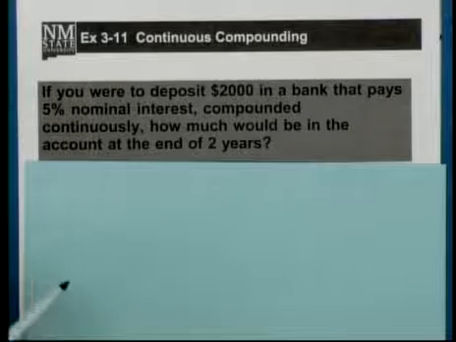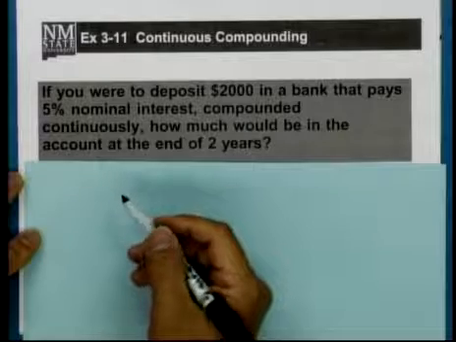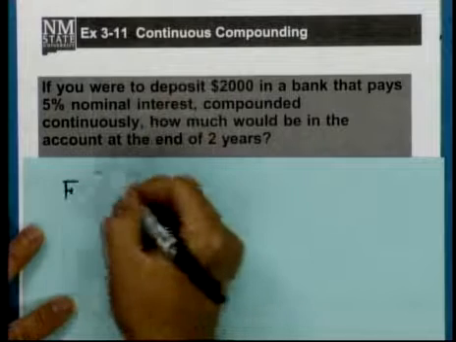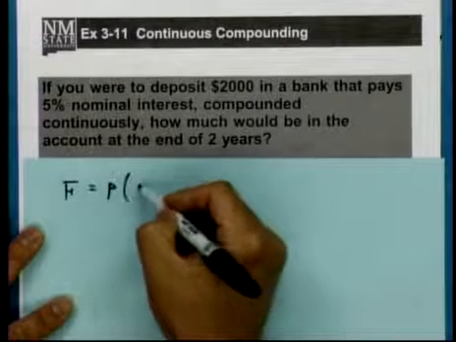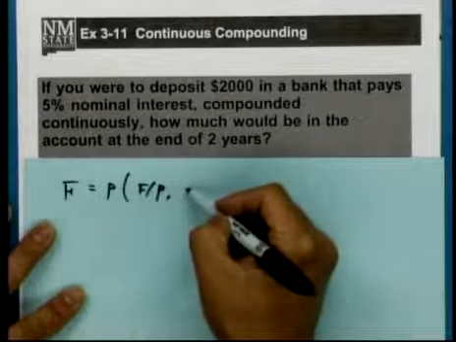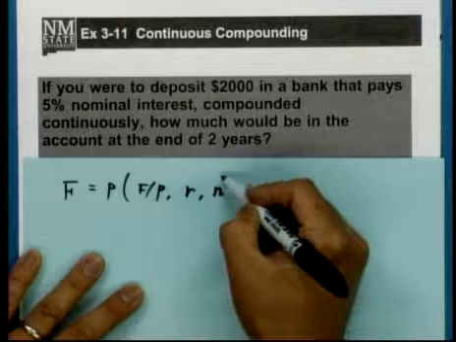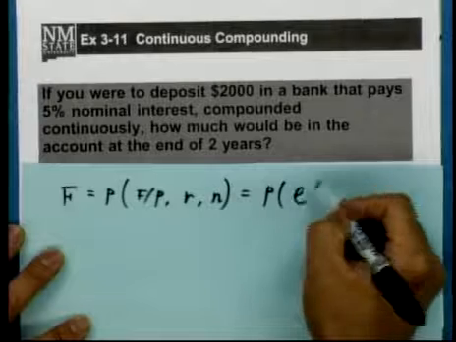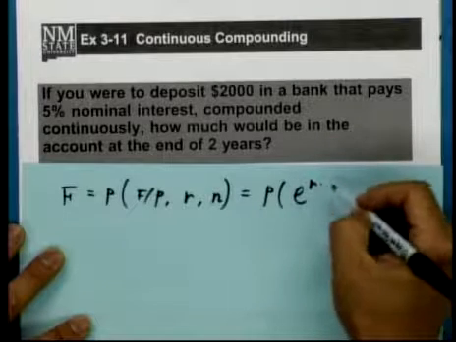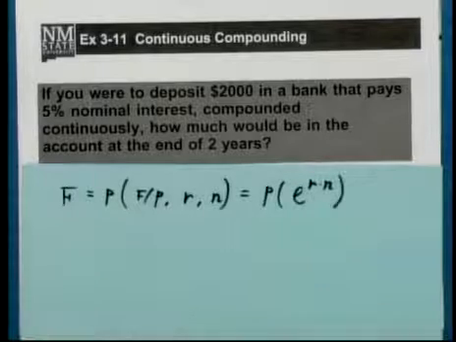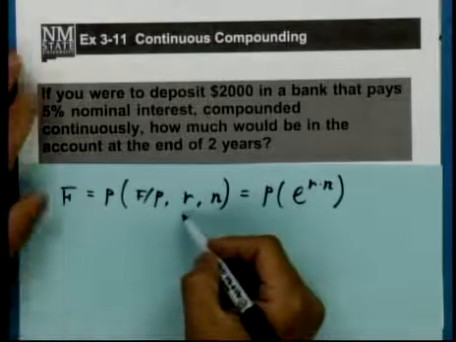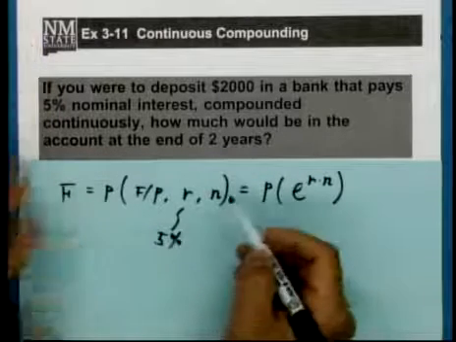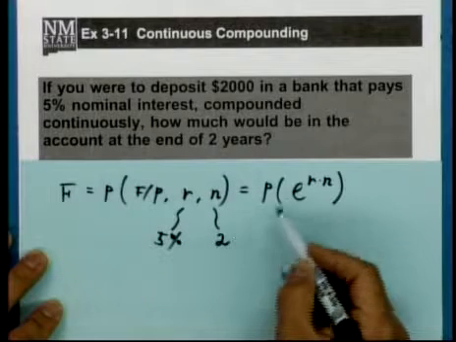So using the formula for the single payment compound amount, it would be F equals P, F given P at R over M period, which is the same as P times e to the power R times N. So here, from the problem description, R is given as 5%, N is given as 2 years.